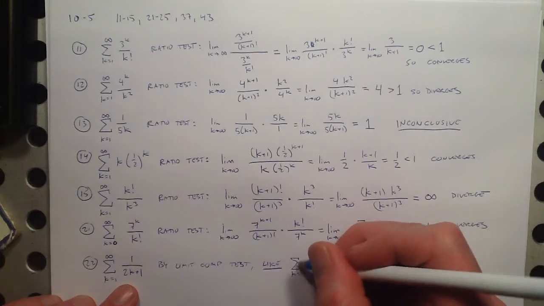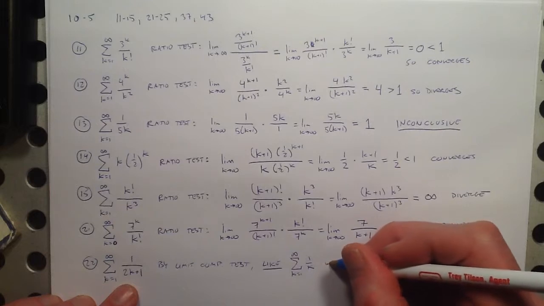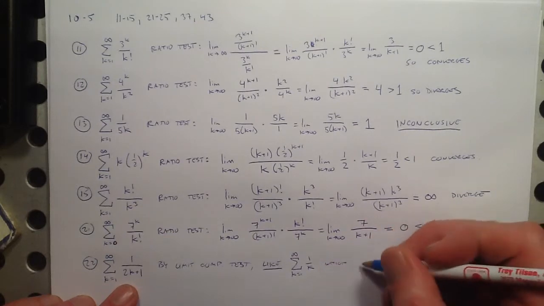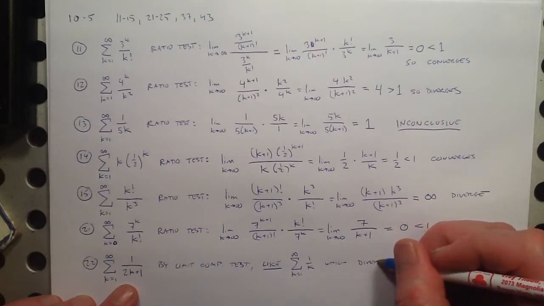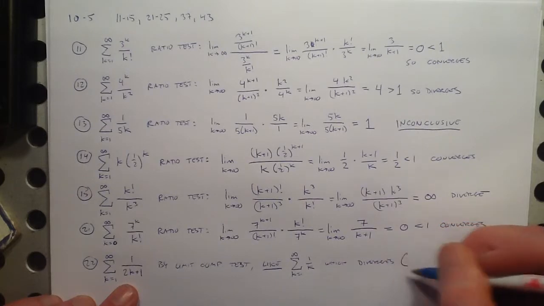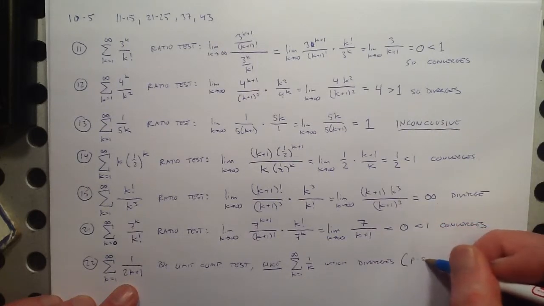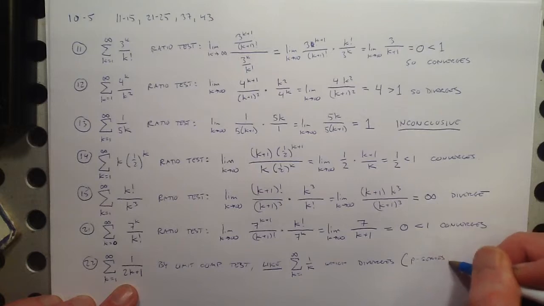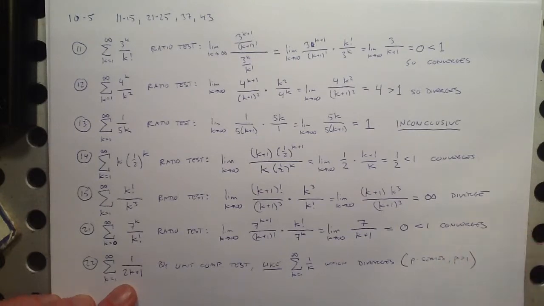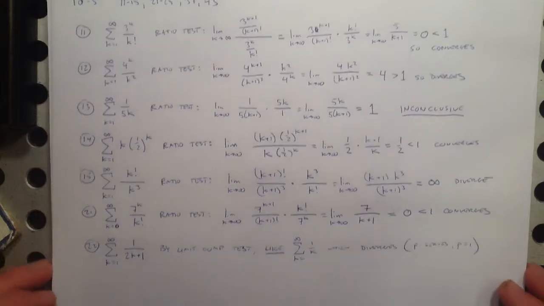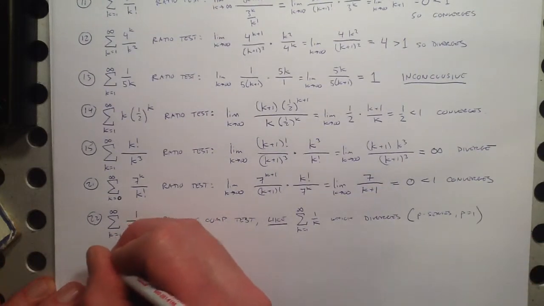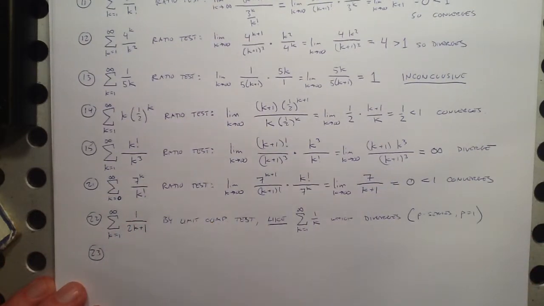So that's k equals 1 to infinity of that, which diverges, because it's a p-series with p equal to 1. And I believe that the ratio test would be inconclusive there, so I think that that is the correct way to go here. So I guess I lied there when I said it's all ratio test.